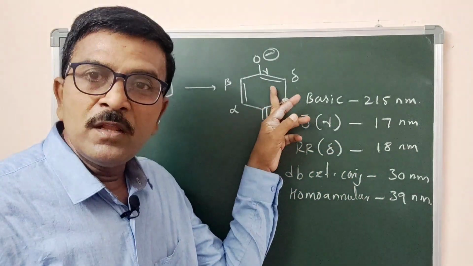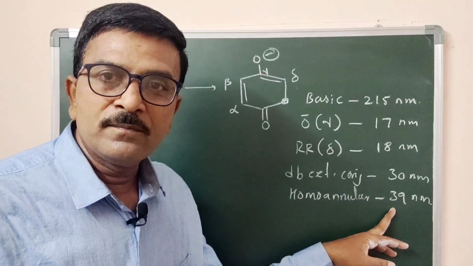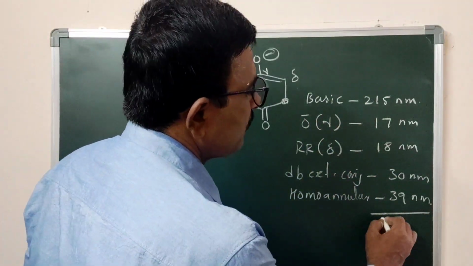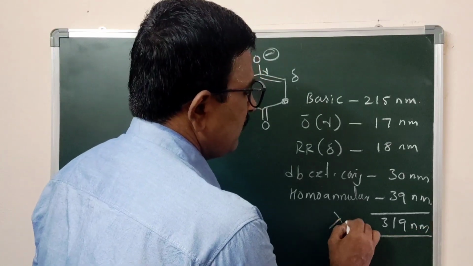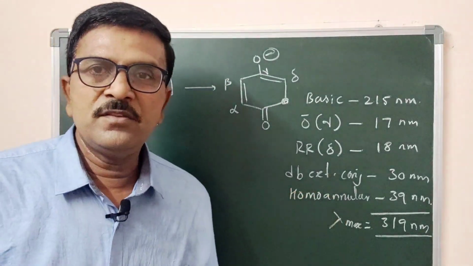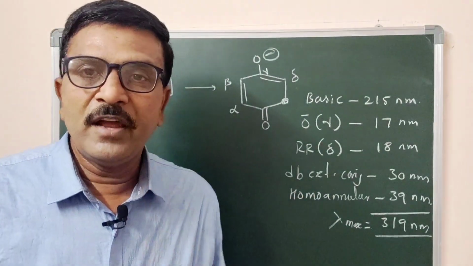Now this double bond is homoannular to the first, therefore 39 nanometer. So we can calculate as 319 nanometer. Lambda max is equal to 319 nanometer. So in this way we can calculate the diketone absorption maxima values.